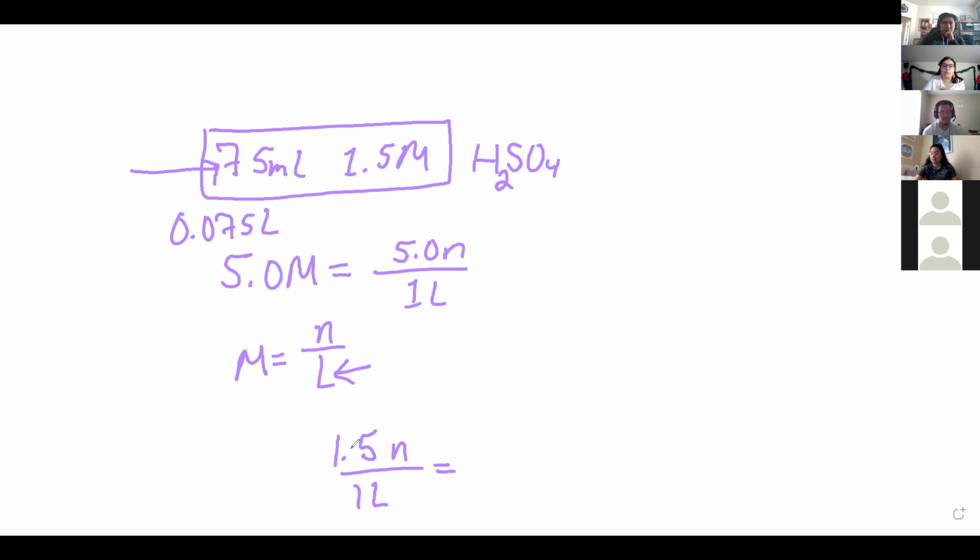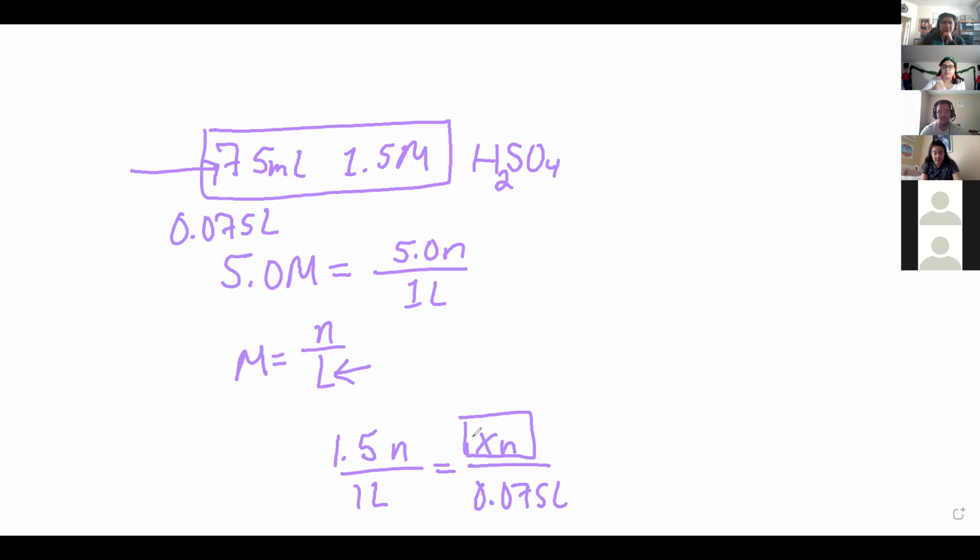So then we have 1.5 moles per 1 liter, that's the molarity, equal to X moles, because we don't know how many we have, in 0.075 liters. I probably shouldn't have set it up this way, but it's fine. Now we want to solve for X, so we want to isolate this.